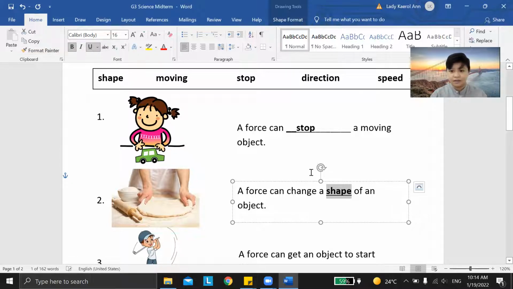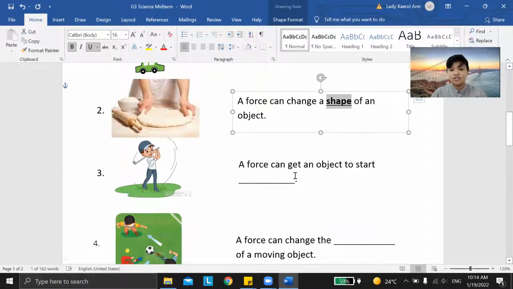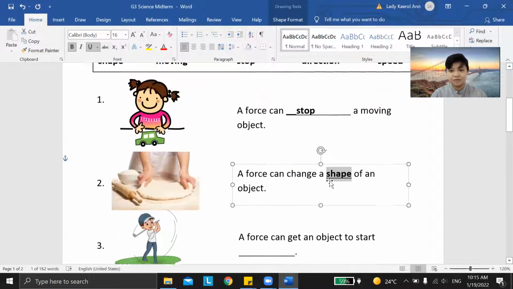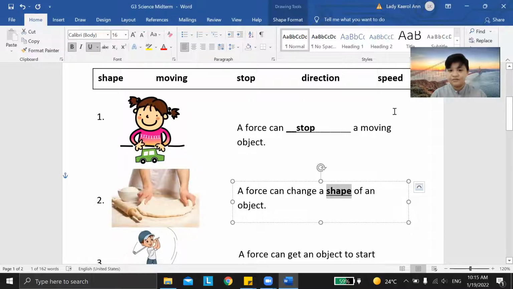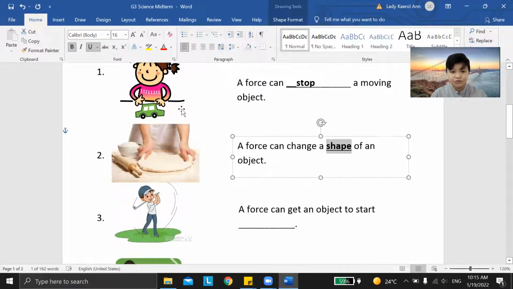Okay, and underline. Number three, a force can get an object to start blank. What do you think is the answer for number three? We have speed, we have direction, and we have moving.